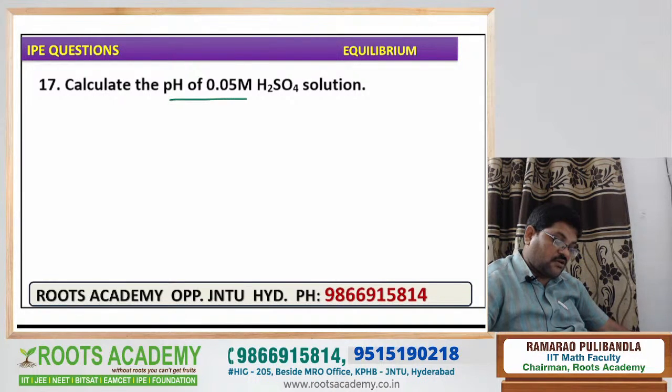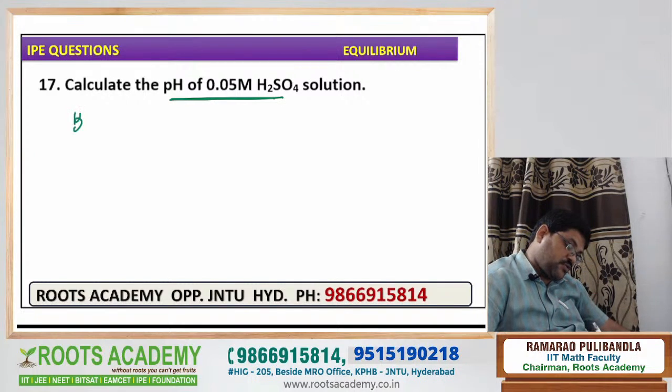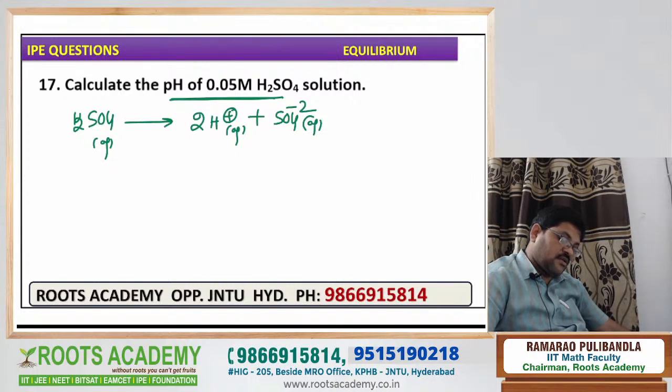Now see the next question like that. pH of 0.005 M H2SO4 solution. Already I said H2SO4 solution means aqueous solution. H2SO4 ionized in the water gives 2H plus ions aqueous plus SO4 2 minus aqueous. Now how many moles of H plus ions will come across? 2 moles of H plus ions.